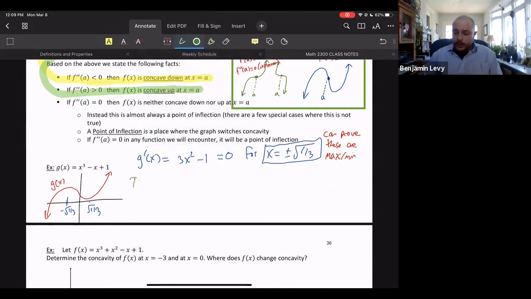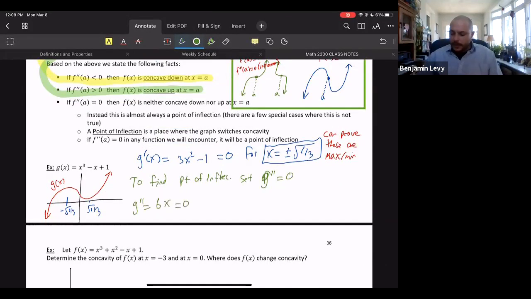And so that's all I'm trying to point out here: to find the point of inflection, you can set the second derivative equal to 0. And so if we take the second derivative, it's a g though, not an f. Second derivative is 6x.